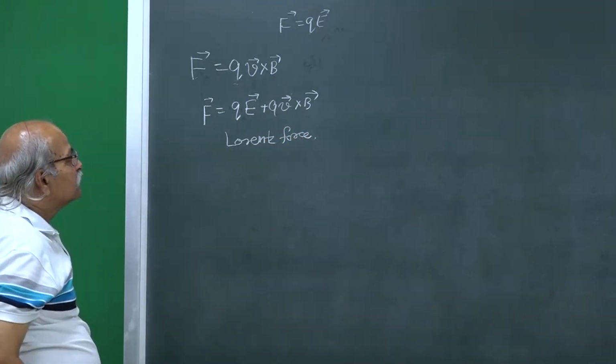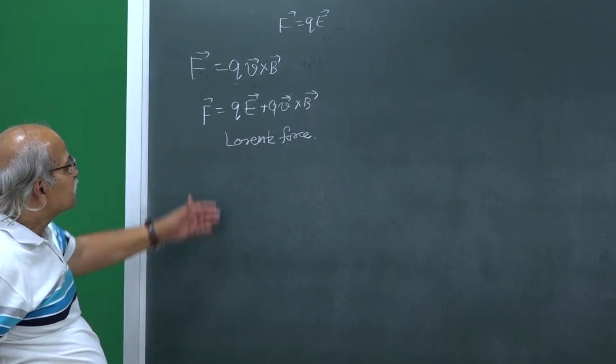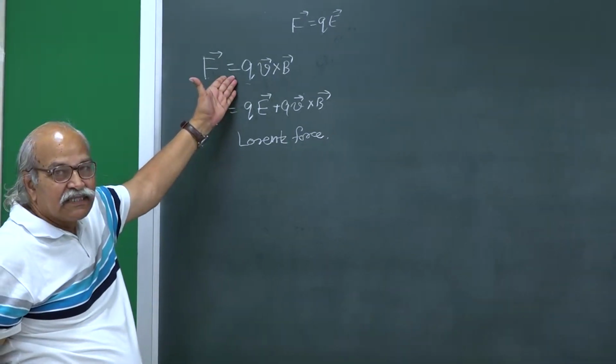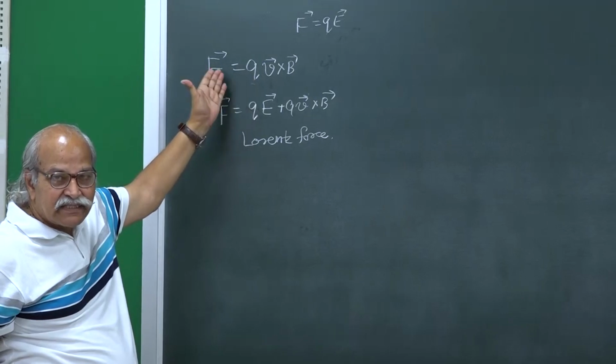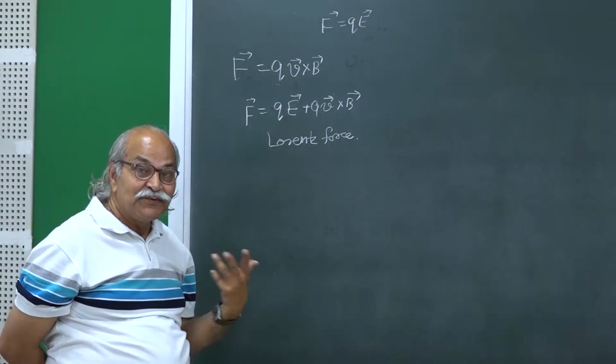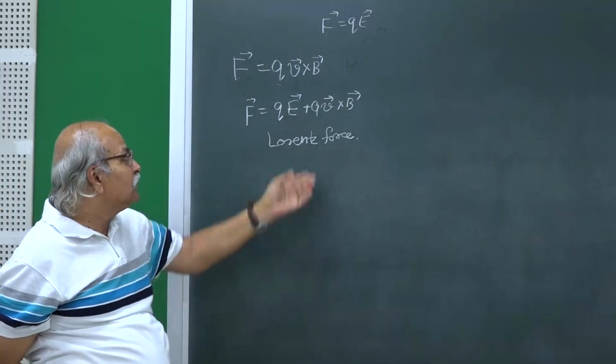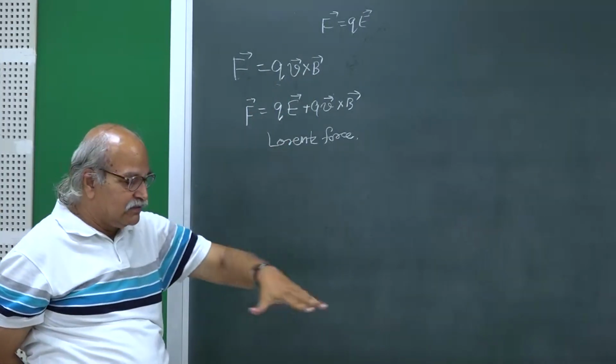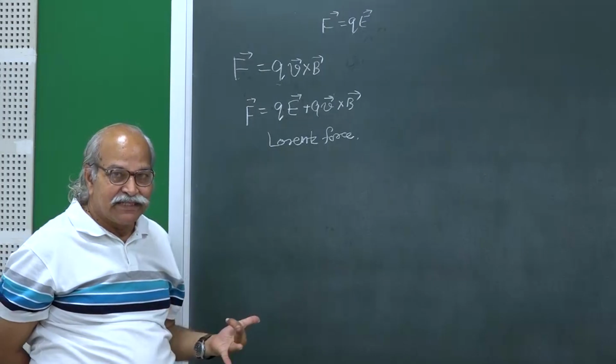So, we will talk about consequence of this. If you have a magnetic field and there is a charge which is moving, then what kind of path it will take will depend on how this magnetic field is different at different places.